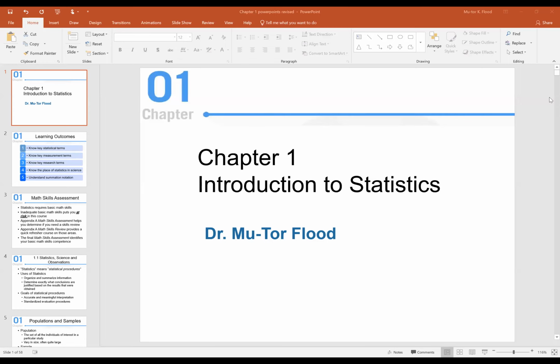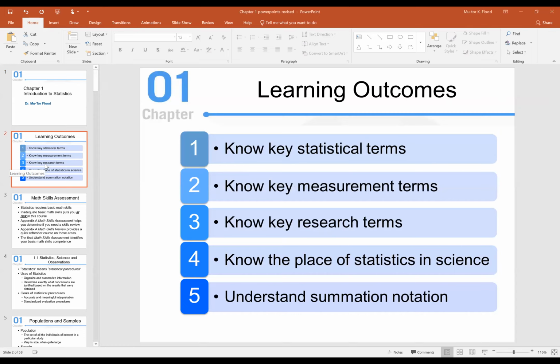All right. So again, this is Chapter 1, Introduction to Statistics. And in this particular chapter, what we're going to learn about is some key statistical terms, some measurement terms as well, some basic research terms, some very preliminary things about statistics in science.